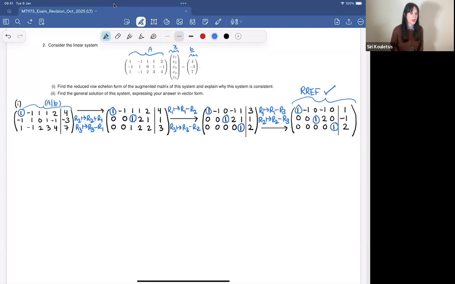Now we want to answer why this system is consistent.